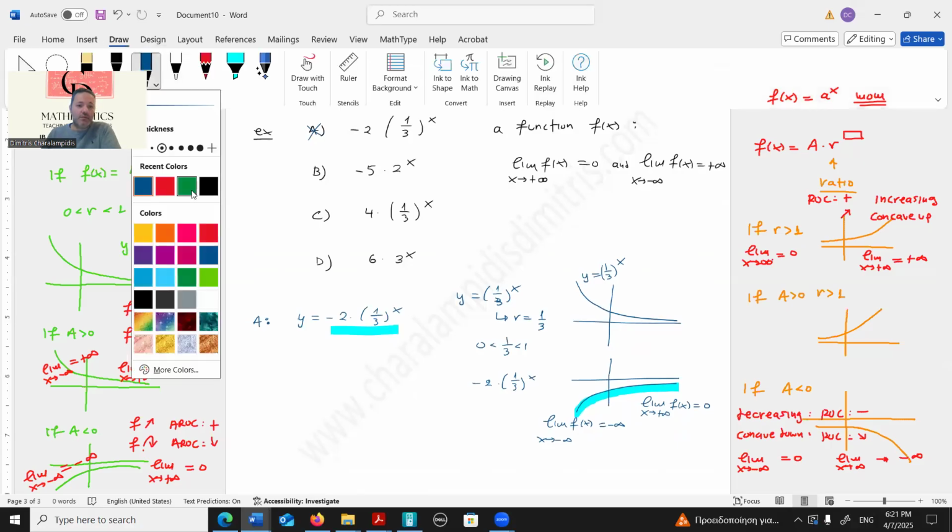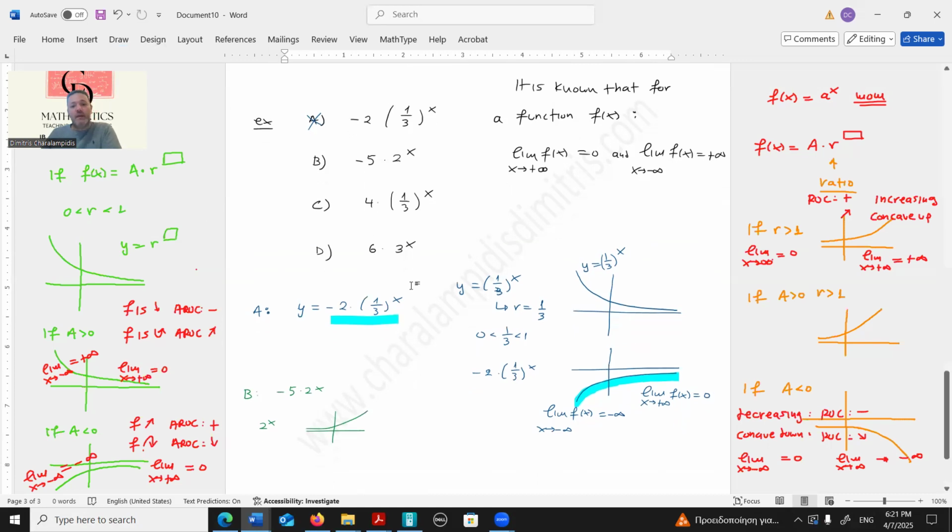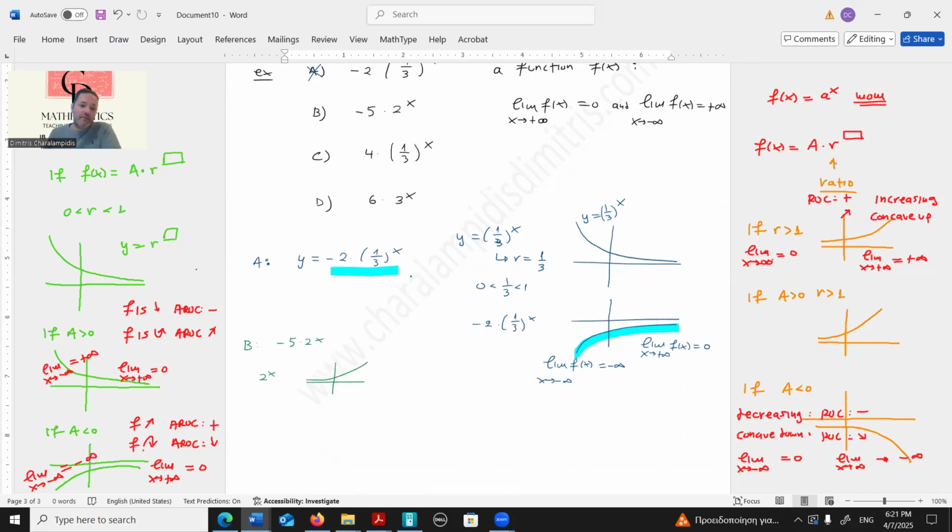And let me change color so that we are not lost. Again, it's minus 5 times 2 to the power of x. So I will begin with 2 to the power of x. It has a positive ratio, so it should look like that. And now with the negative sign in front, minus 5 times 2 to the power of x, it's as if we took a reflection to the x-axis.